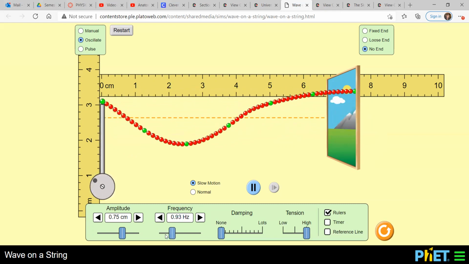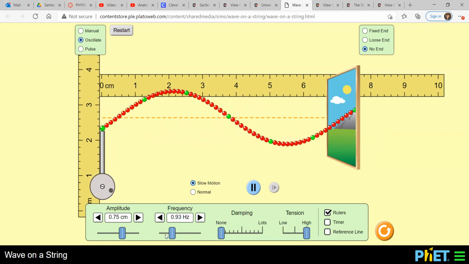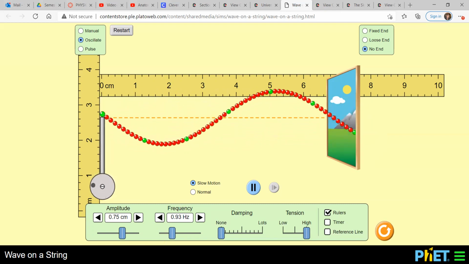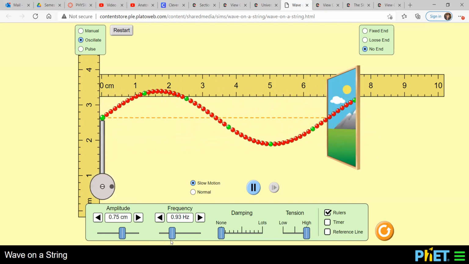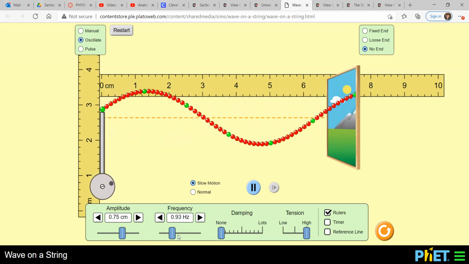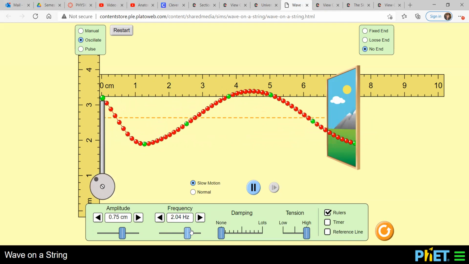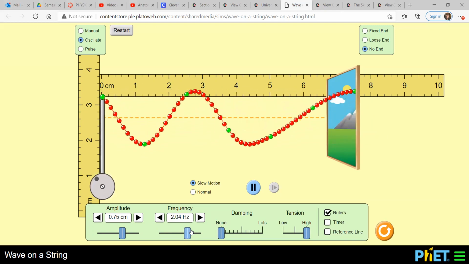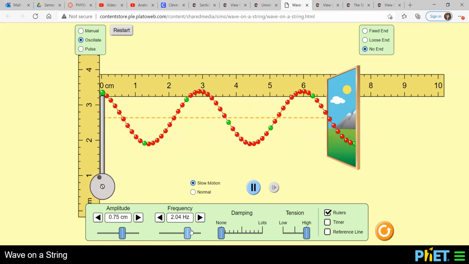But the waves are bigger with lower frequency. You see that? Or they're longer waves.